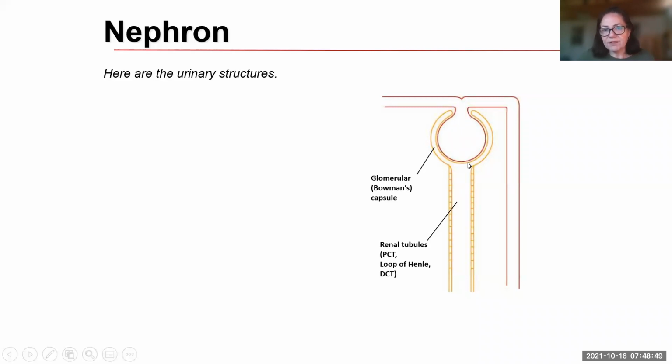And that funnels the stuff down into the renal tubule. And the renal tubule, as we will see, is long and kind of convoluted. I'm just showing it as a straight line here, but this is made up of the proximal convoluted tubule, the loop of Henle, and the distal convoluted tubule.